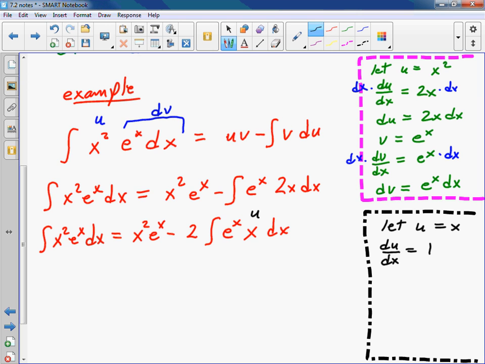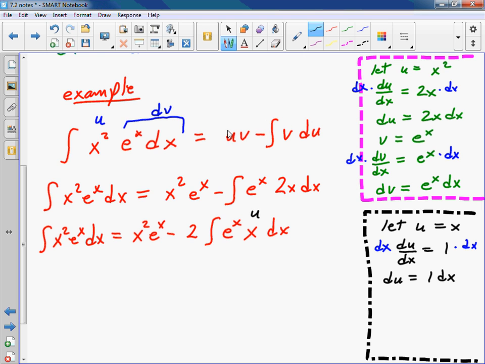And again, multiplying both sides by dx, I get du, which I need, equals 1 dx, or just dx.